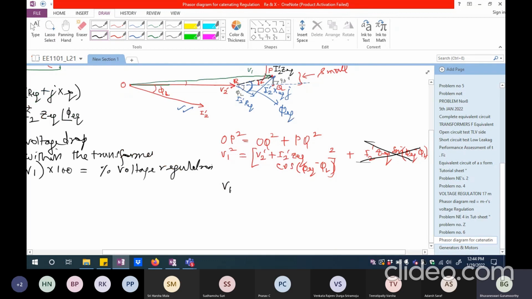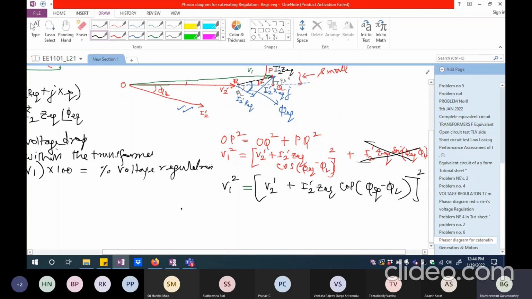So we can write V1 square is equal to V2 dash plus I2 dash Z equivalent cos of phi equivalent minus phi L, the whole square. So I can simply remove the square on either side.